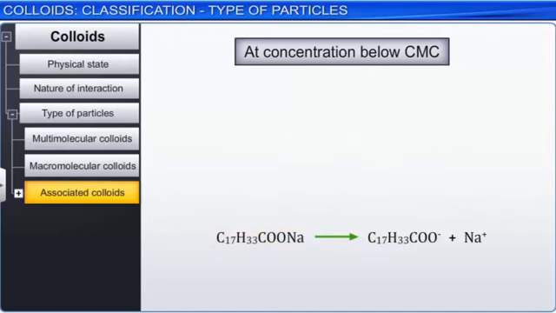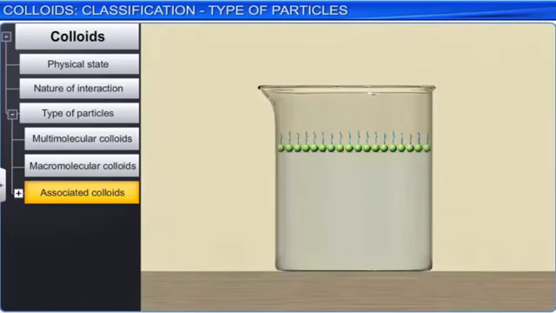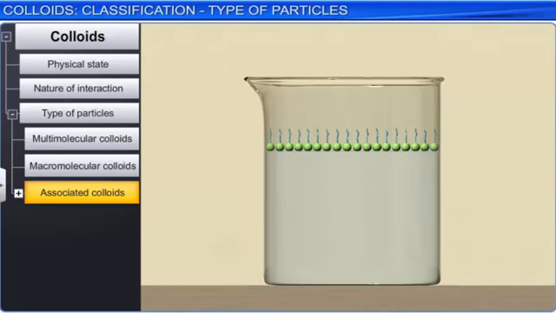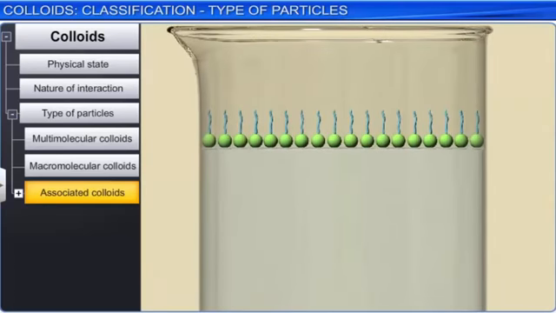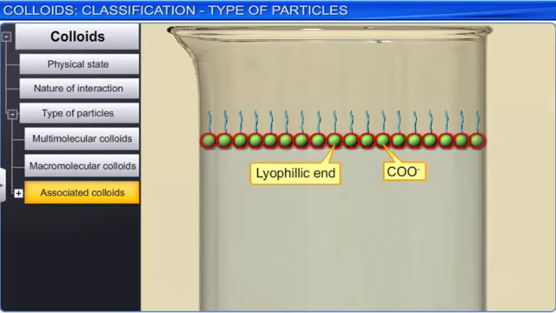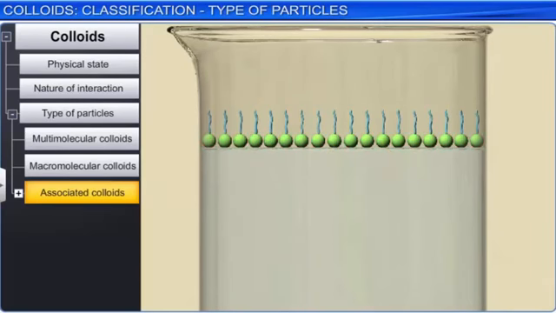These stearate ions remain on the surface of water and orient themselves in such a way that the lyophilic COO- end dips in water, while the lyophobic C17H35 part stays away from it. At the critical micelle concentration, the polar COO- part is pulled into the bulk of the solution.